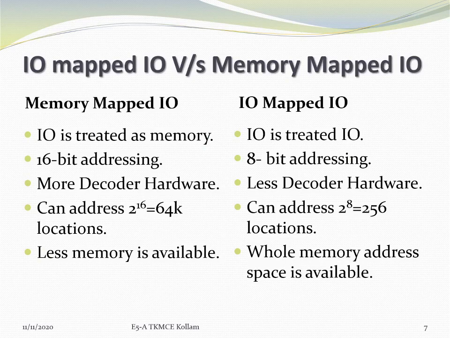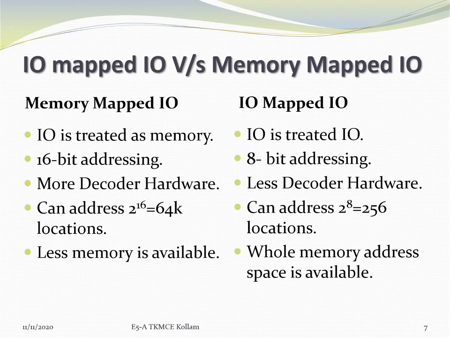Now let's see the difference between the I/O mapped I/O scheme and the memory mapped I/O scheme in detail. In the memory mapped I/O scheme, the I/O device is treated as memory. In the I/O mapped I/O scheme, it is treated as an I/O device itself. In the memory mapped I/O scheme, to address an I/O device, it requires 16-bit addressing, but in the I/O mapped I/O scheme, it requires only 8-bit addressing.